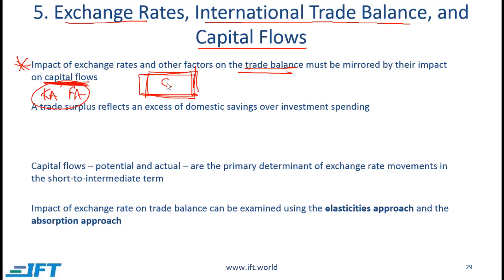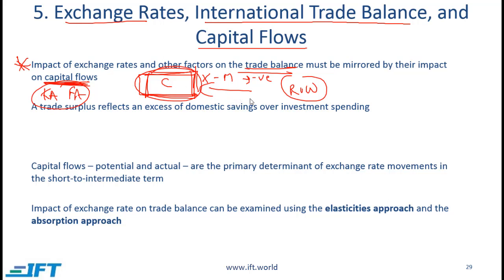If the country has a trade deficit, which means that exports are low and imports are high, so X minus M is negative, then this particular country must borrow from the rest of the world, or the rest of the world must be buying assets in the country.